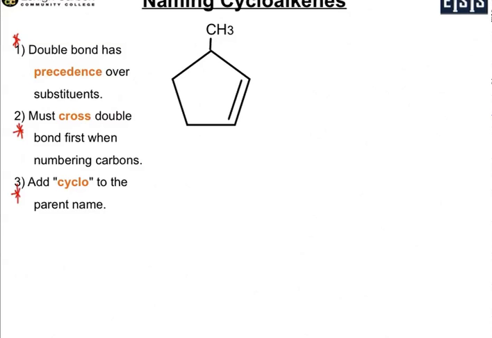So let's look at this example we have here. Our cyclic compound has 5 carbons, so the root of that is pent, and because there's a double bond, it's a pentene, and because it's cyclic, rule number 3, you're going to have cyclo. So the base name here is cyclopentene.